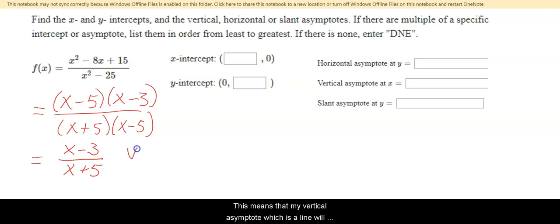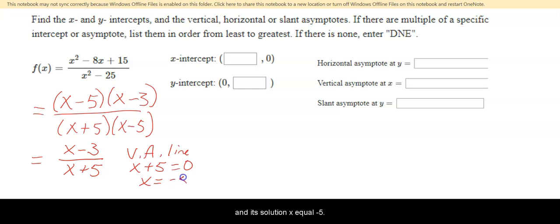This means that my vertical asymptote, which is a line, will come from the uncancelled, still present x plus 5 factor and its solution, x equal negative 5. There is a hole in the graph, and the hole is present at the solution of the factor that cancelled. This is more like a point, only it's a missing point.